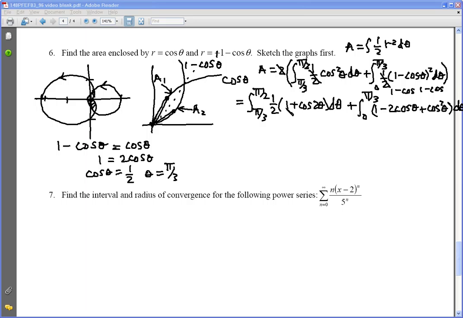Okay, so this guy we can bring the 1/2 on the outside. And we know how to integrate this. Integral of 1 is going to be theta, and the integral of cosine 2 theta is sine 2 theta, and then with a 1/2. So this is plus 1/2 sine 2 theta.